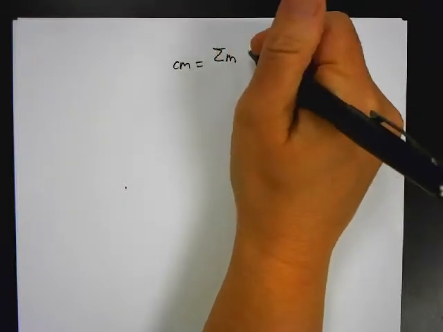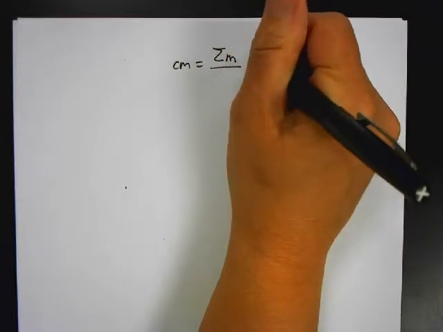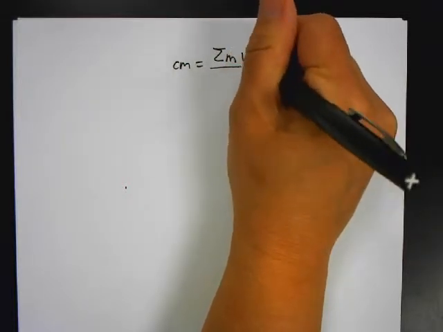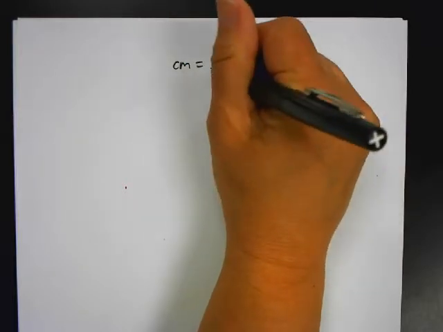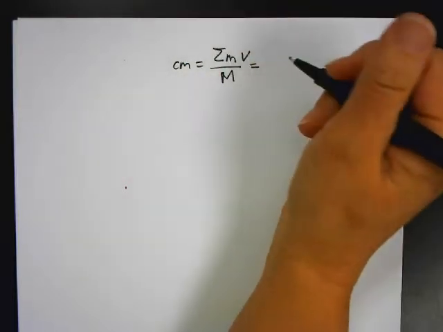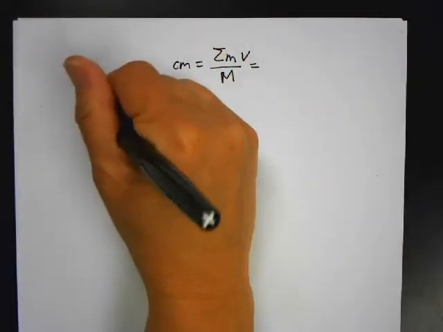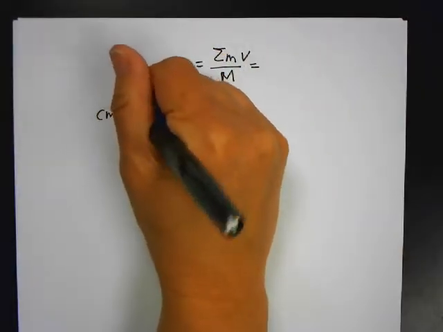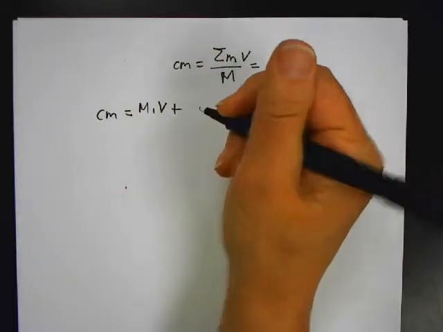In this case, it's going to be v divided by the total m's, where you add up all the m's. So this one is going to be m times v over the total m. So it says mass m1 is moving with the speed v. So the center of mass is going to be m1v, and it hits a stationary mass m2.